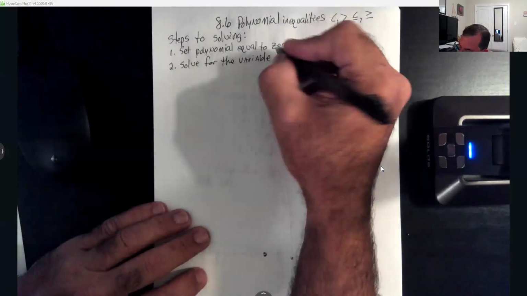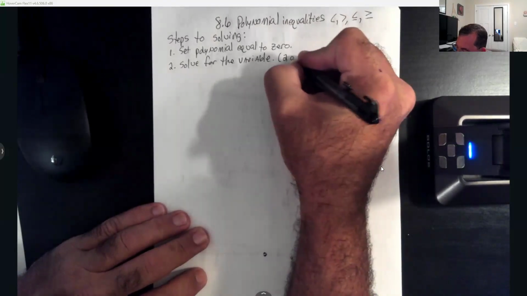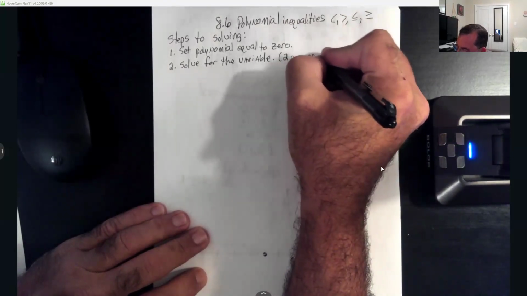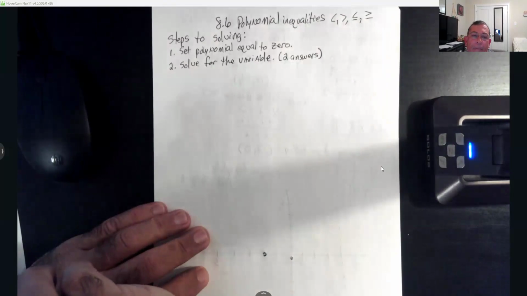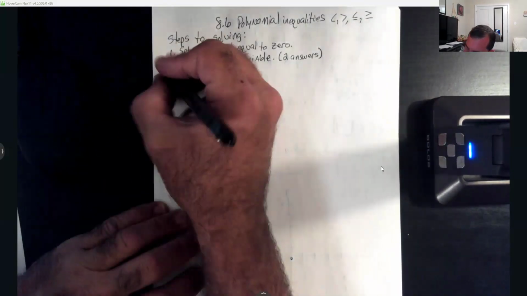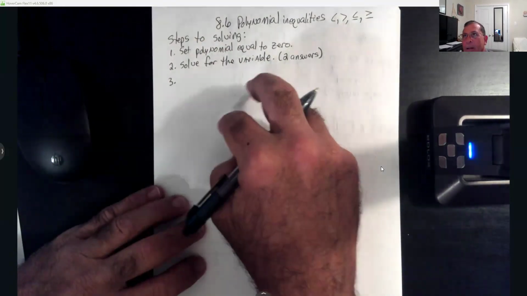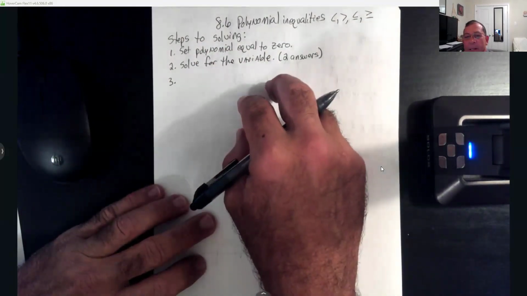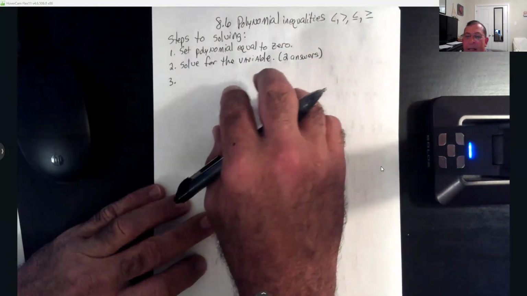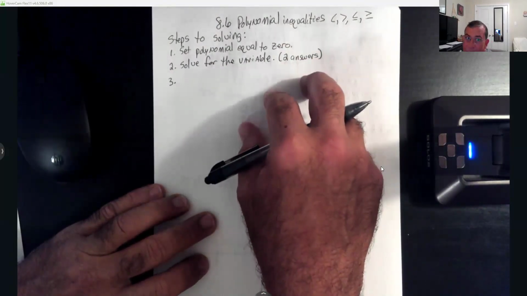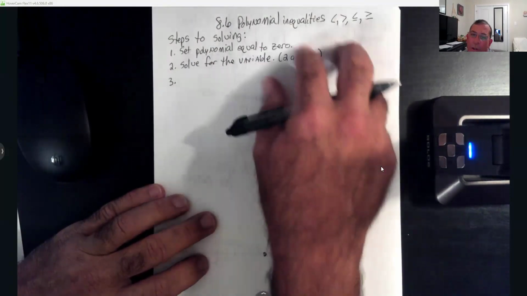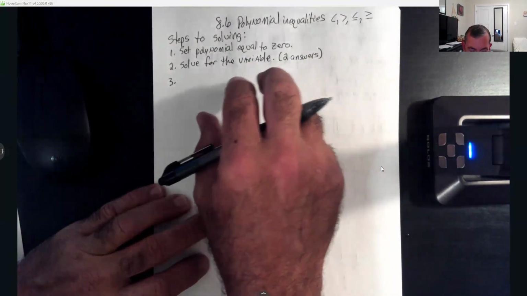So we should get 2 answers. So now, since these are inequalities, these deal with greater than or less than. So you can have more than one answer on these, or more than one solution that makes them true.